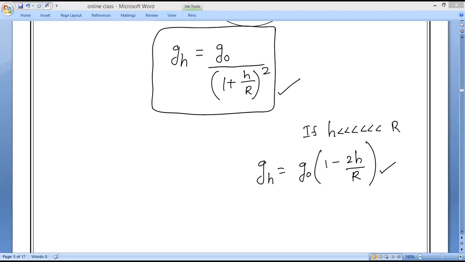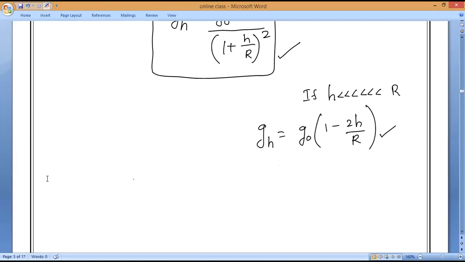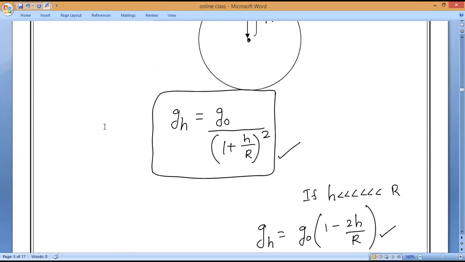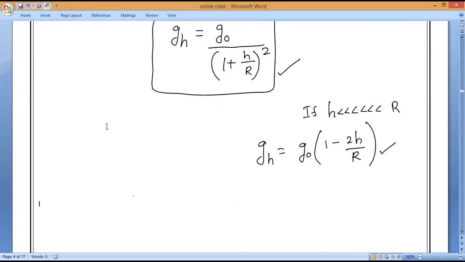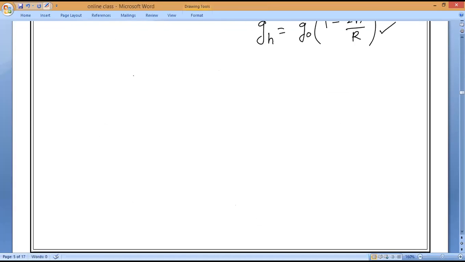Now, shall we solve one numerical related to that? In the last class, I showed you one tabular column. When you keep on going above from the ground, the g value decreases or increases?